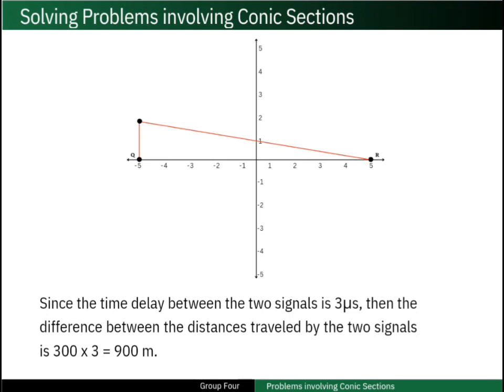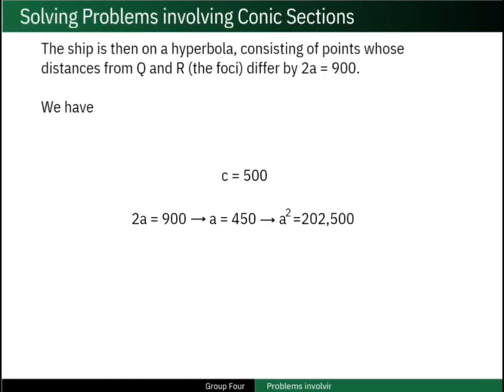Here we multiply the speed of the radio signal and the time delay, giving us 900 meters. Meaning, the difference between the distance of the ship to R and the ship to Q is 900 meters if we subtract the distance between the two. And we denote it as equal to 2A.